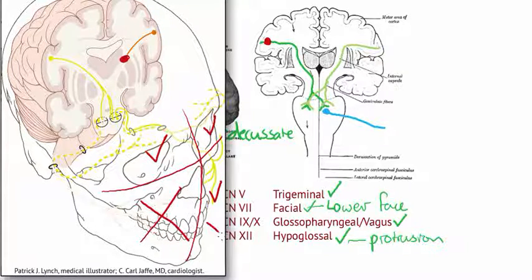When they protrude their tongue, it will lean to the right because the muscle of protrusion on one side is not working, so it's getting pushed over. And that's really the only asymmetry you'll see in the cranial nerves with a stroke in that position or anywhere along this section here.